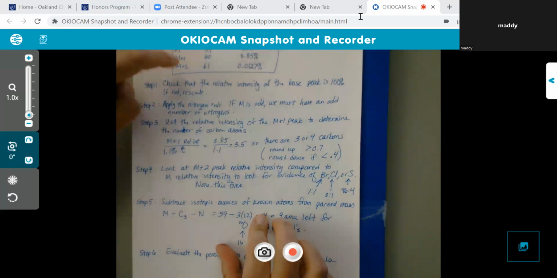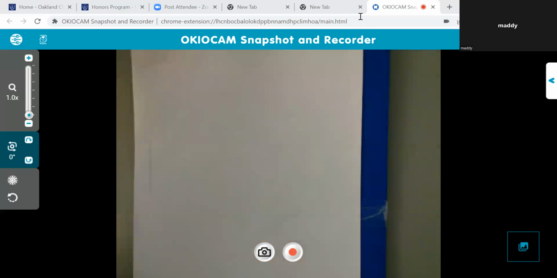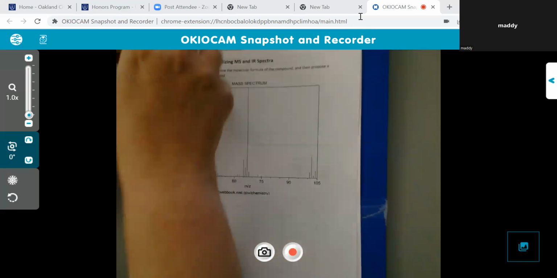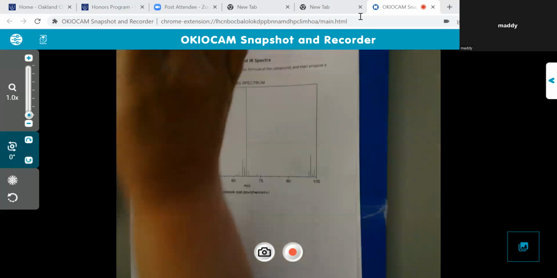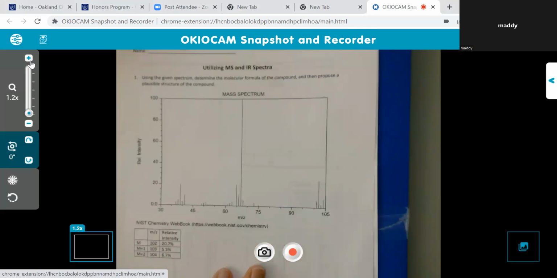And again, this data came from the last slide in the slide set that was already posted on Moodle. So this one, we'll walk through this one together. Sometimes instead of giving you just a data table, you'll be given the spectrum.